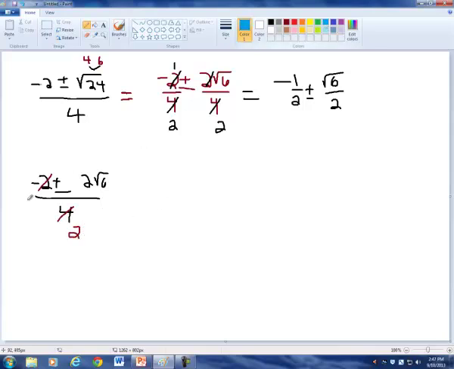Well, that is incorrect, because you still have to cancel the other term too, and you can't do it because of this plus or minus. If this was all multiplication up here, you could do it. So a way to get around that is just split it like this, and then cancel and simplify.